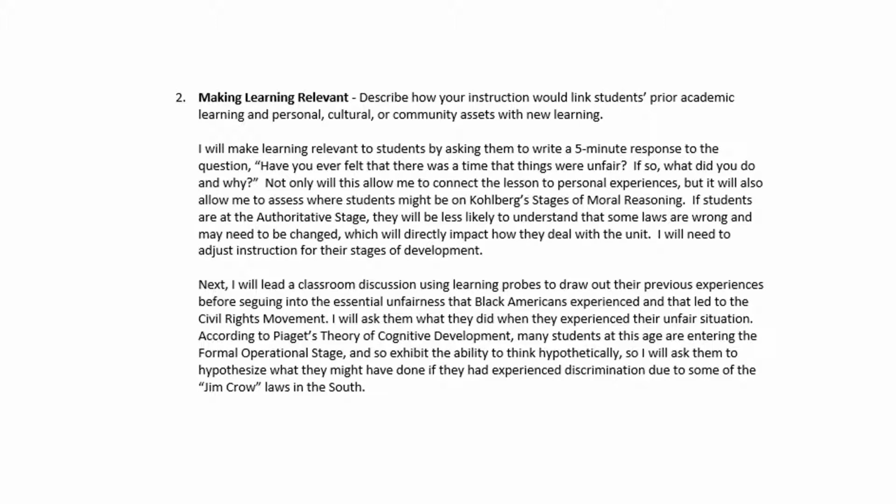I will ask them what they did when they experienced their unfair situation. According to Piaget's theory of cognitive development, many students at this age are entering the formal operational stage, and so exhibit the ability to think hypothetically. So I will ask them to hypothesize what they might have done if they had experienced discrimination due to some of the Jim Crow laws in the South.